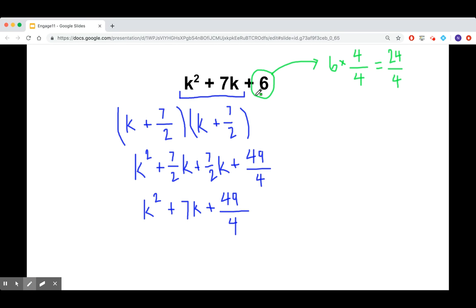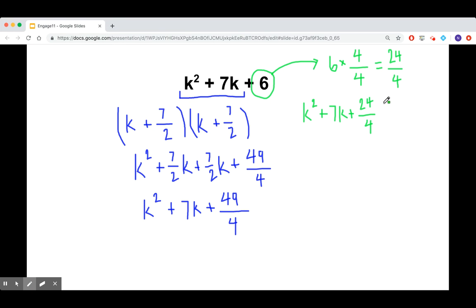So I can rewrite my original expression as k squared plus 7k plus 24 over 4. Now, to include 49 over 4 in my expression somehow, I'm going to need to add to my constant.